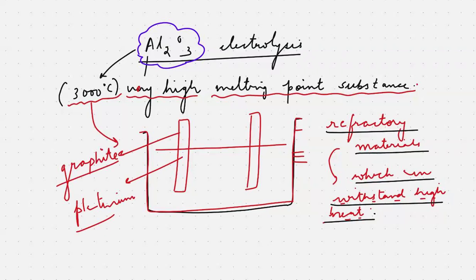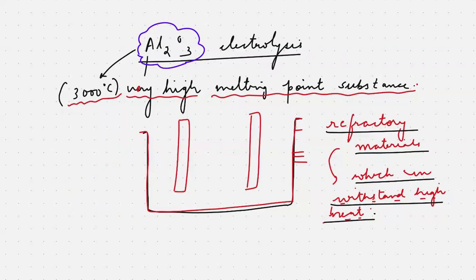We had graphite, we had platinum. You understand the point? So what exactly does that mean? That we have to lower the temperature. Melting Al2O3 would not be the problem, but the problem is you have to continuously maintain that temperature to keep Al2O3 in the molten state.